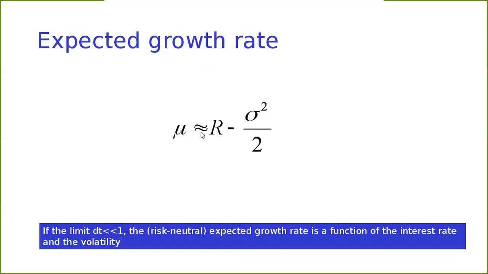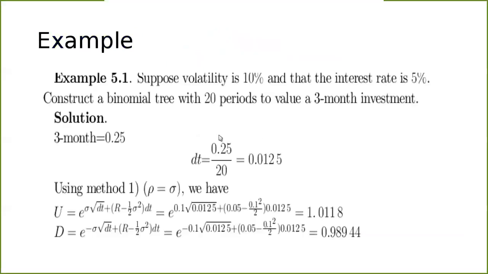Mu approximately equals R capital minus sigma squared divided by 2. Do you remember that this is the volatility, and this is the interest rate for 1 year. And now we can build a binomial tree. We can find u and d.